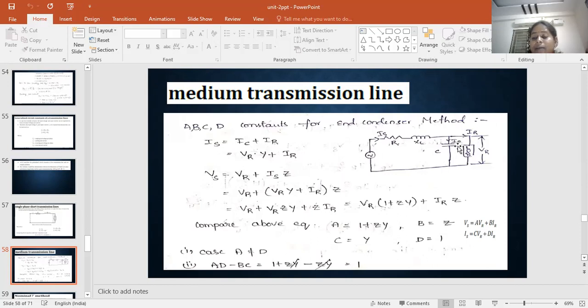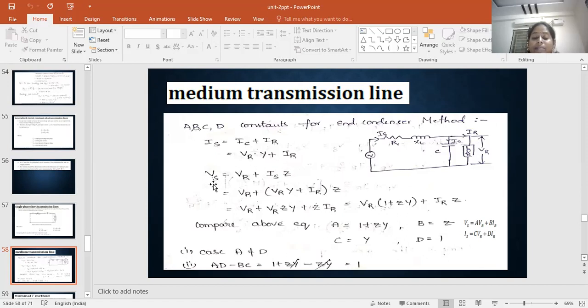Ic is in parallel with the load voltage Vr, so in the capacitance also Vr is there. So Ic equals Vr into Y, where Y is nothing but omega C. So we can write Is equals Vr into Y plus Ir. Is is expressed in terms of Vr and Ir.